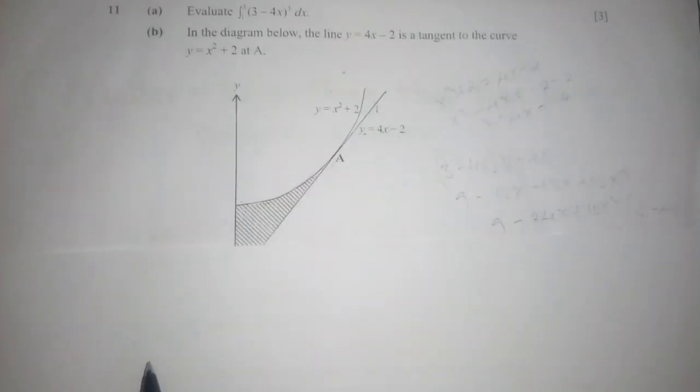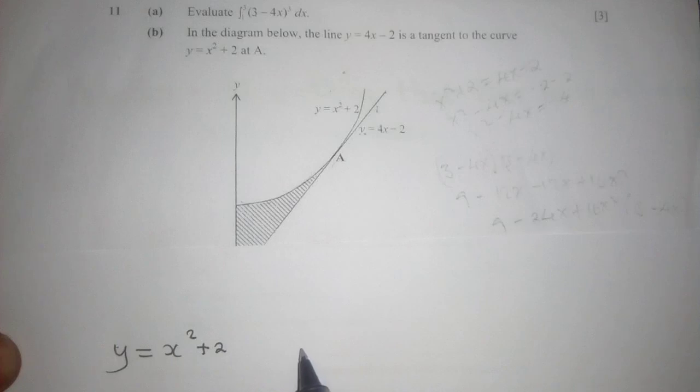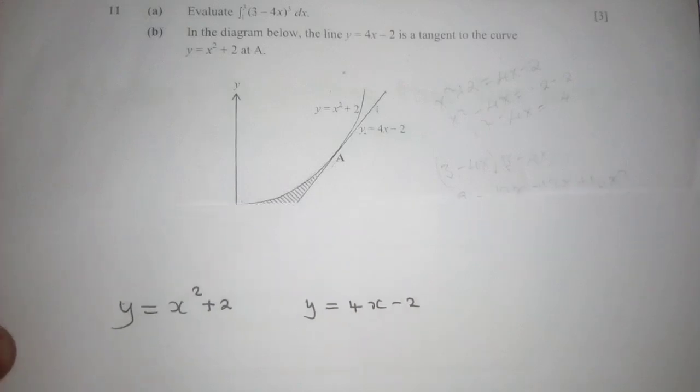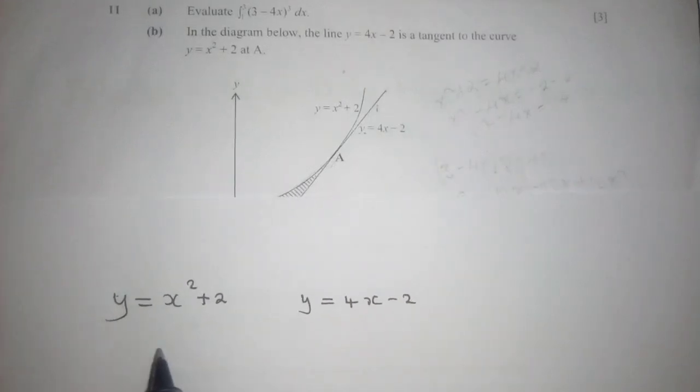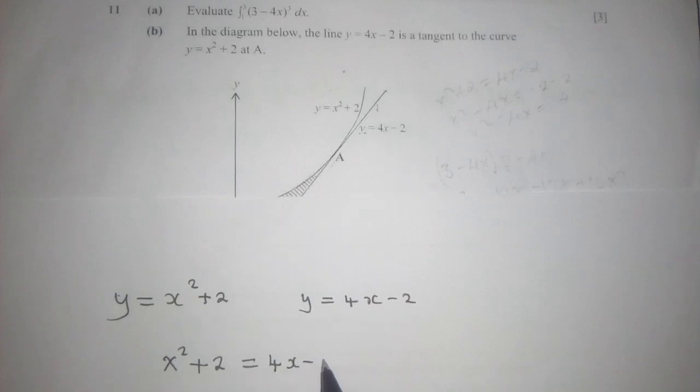You say y is equal to x squared plus 2, and y is equal to 4x minus 2. So now you equate them. So you can say x squared plus 2 is equal to 4x minus 2.